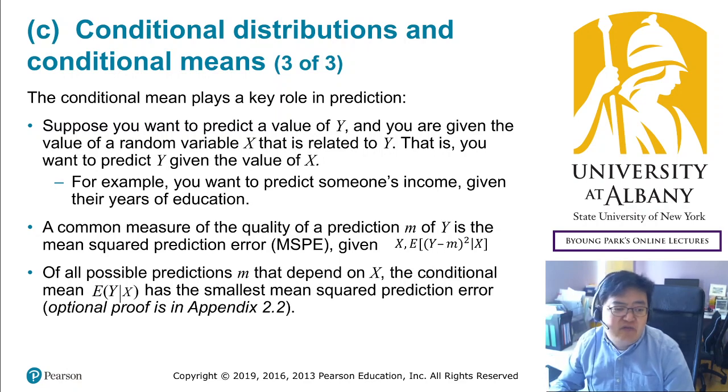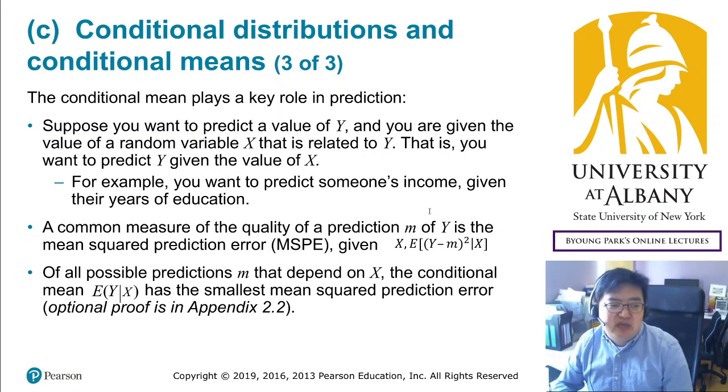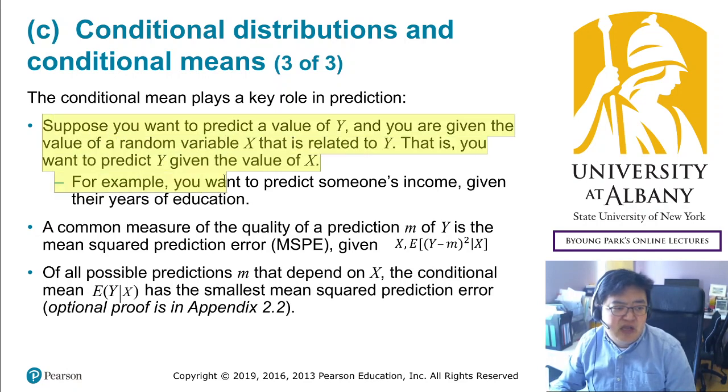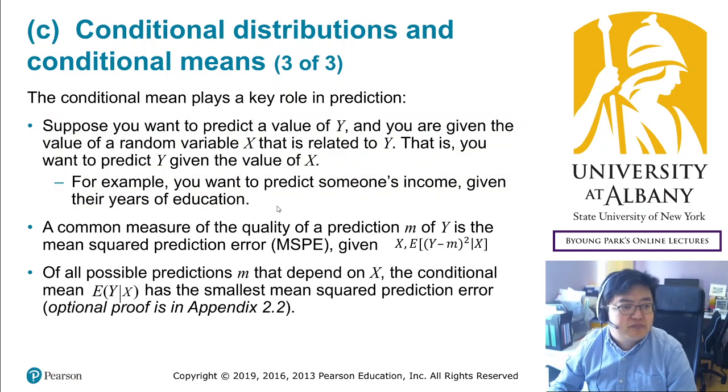I believe we will have a chance to study what this means later, so I will touch it just briefly at this point. So maybe this would be enough to understand the conditional mean at this point.